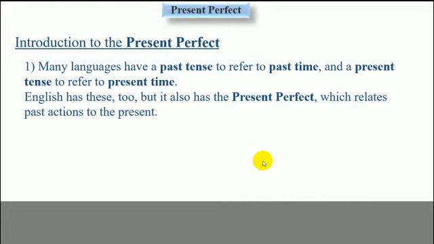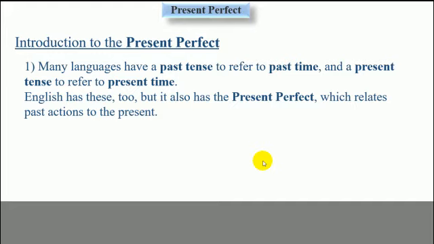English has these two, but it also has the present perfect, which relates past action to the present. So the English language shares the same concept in terms of past tense and past time. However, it is unique in having the present perfect.